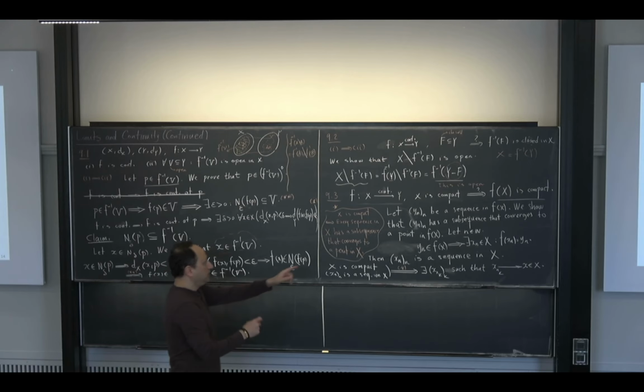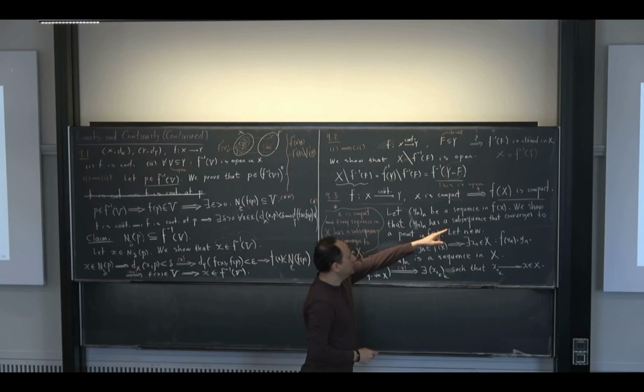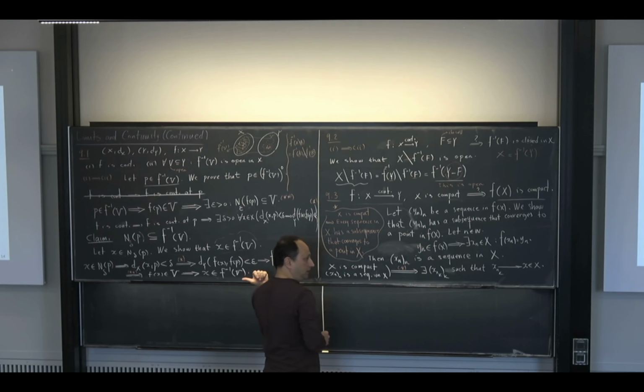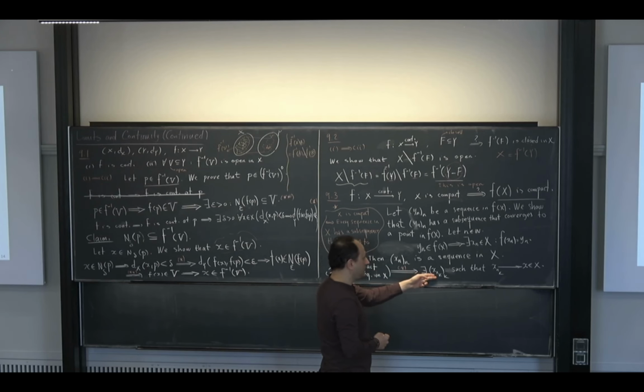So you gave me a sequence in f of x. Using that sequence, I constructed another sequence in my domain, but my domain is compact and my sequence is in my domain, so the existence of such a subsequence is granted, so that this converges to a point there. Okay, but finish the proof now.